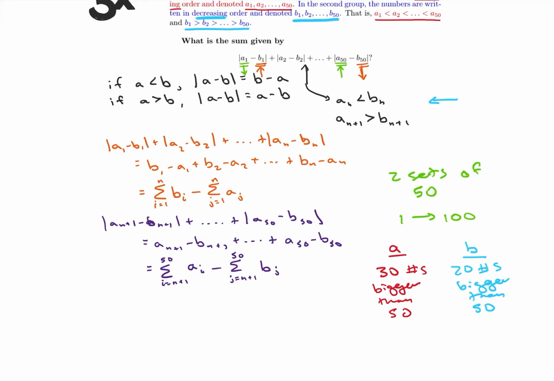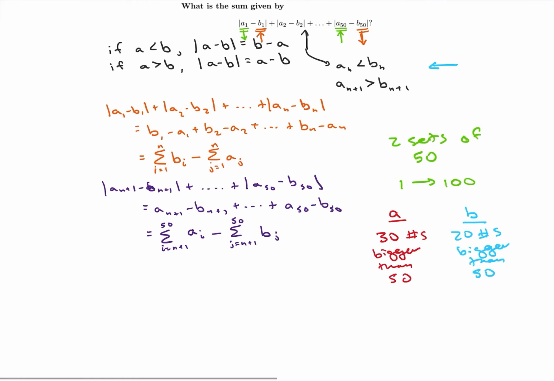So if we look at the first n numbers in set B, that's the sum from i equals 1 to n of B sub i. And we look at the sum of the last n plus 1 to 50 elements of A sub i.